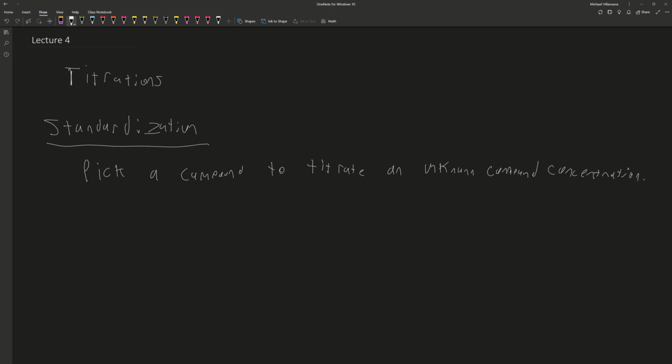This standard has to be a known concentration, which is determined through a process known as standardization.